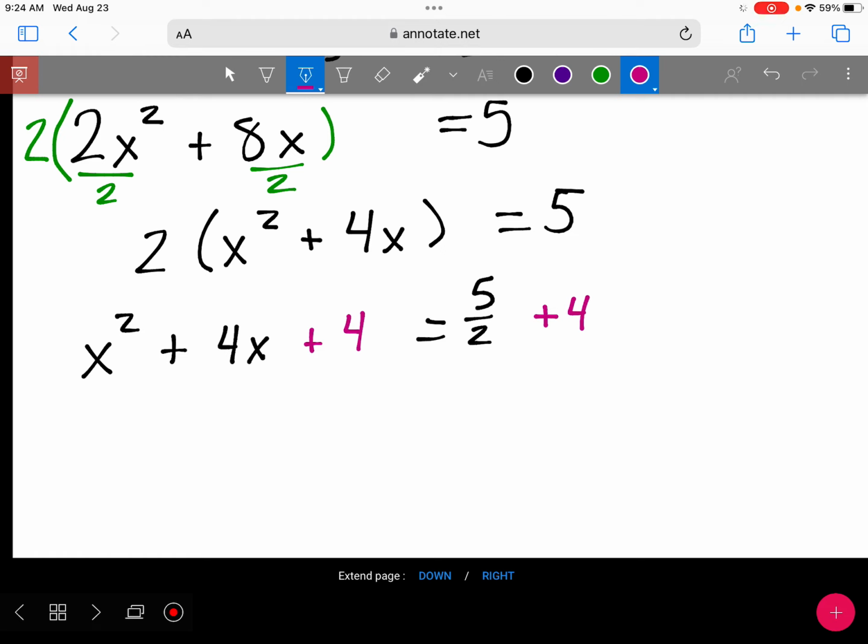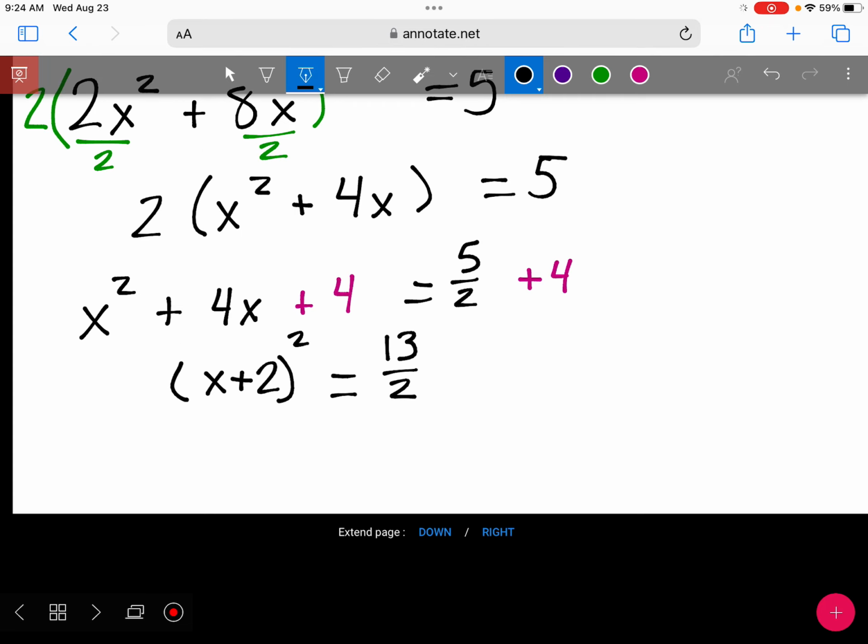Okay, add 4 to both sides because I can't just change my equation because they don't like it. And x squared plus 4x plus 4 is also known as, factor it out, x plus 2 squared equals 5 halves plus 4. So that's 8 halves, 5 plus 13 halves. Doing it in my head, so double checking, yes. Okay.